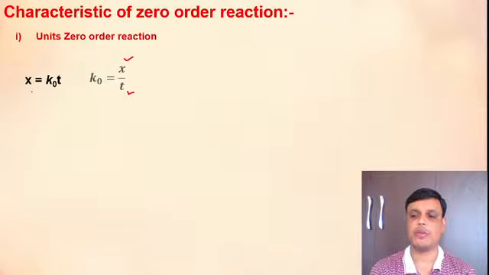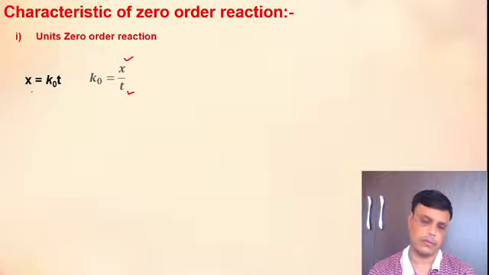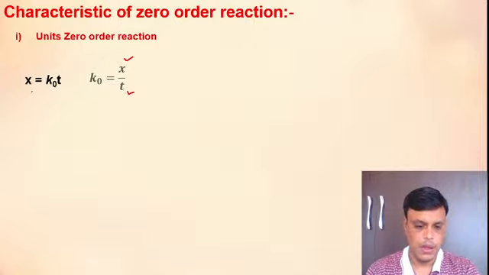In this equation, k0 equals x by t. What is x and what is t? Tell me.